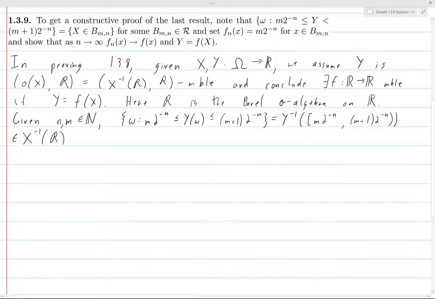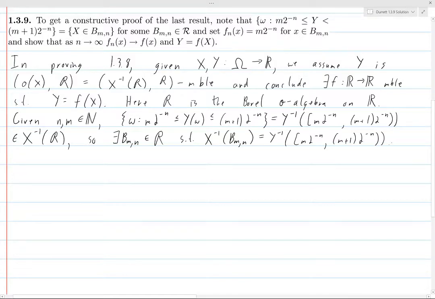So what this means is that there is some B_mn, a measurable set on R, such that X inverse of B_mn is equal to Y inverse of [m 2 to the minus n, (m plus 1) 2 to the minus n).